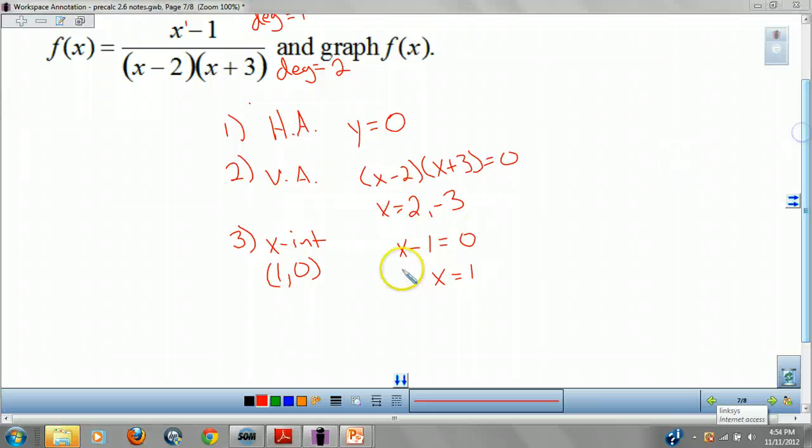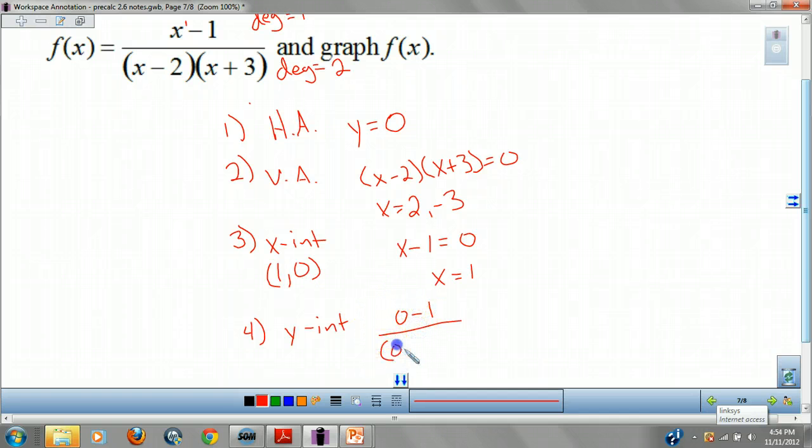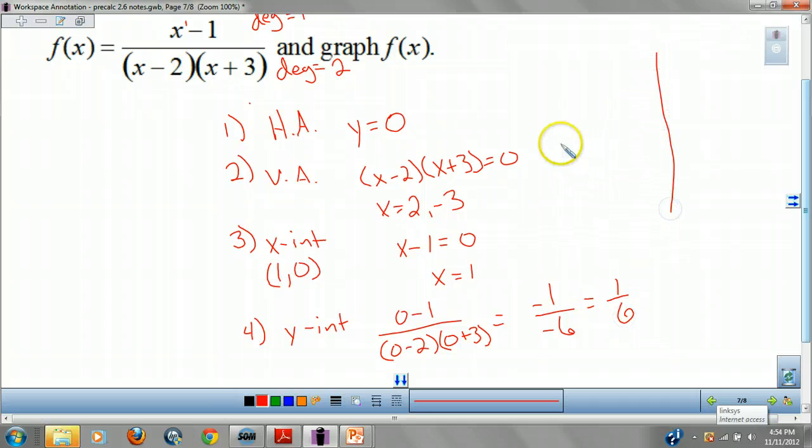And last but not least, our y-intercept. And we are going to graph this one, guys. Our y-intercept is, well, we plug in 0 for our function. And we get negative 1 over negative 6, which is 1/6. So if I go to graph this guy, I'm going to have a horizontal asymptote at y equals 0.